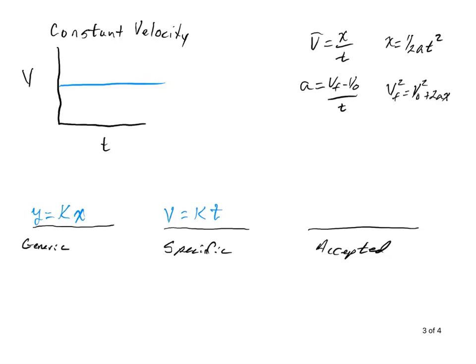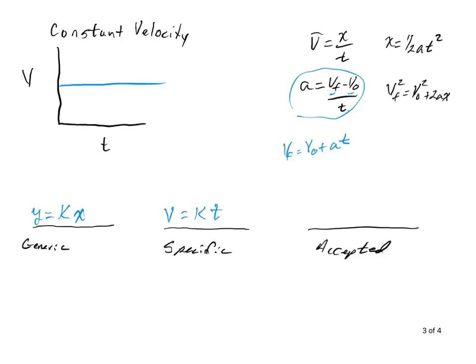And if we look at our accepted equations over here again, we notice this one that defines acceleration, where acceleration is equal to the final velocity minus the original velocity divided by the time. If I rearrange that one to solve it for final velocity, it is final velocity is equal to original velocity plus at.